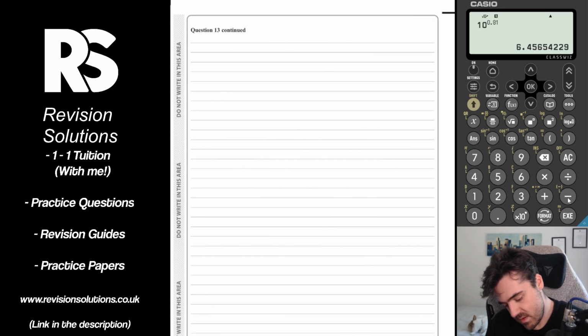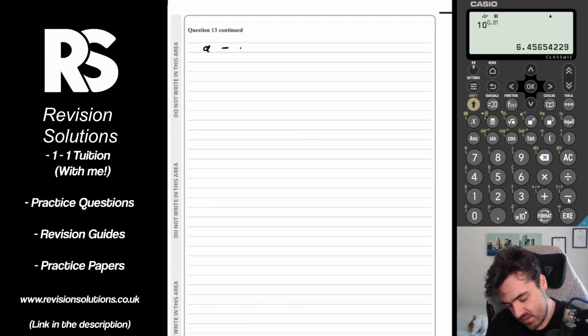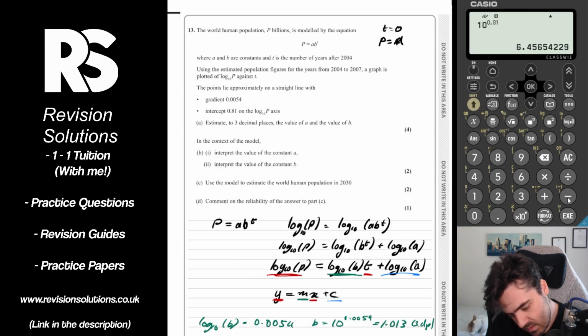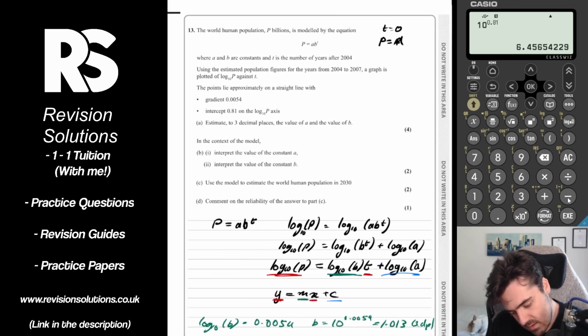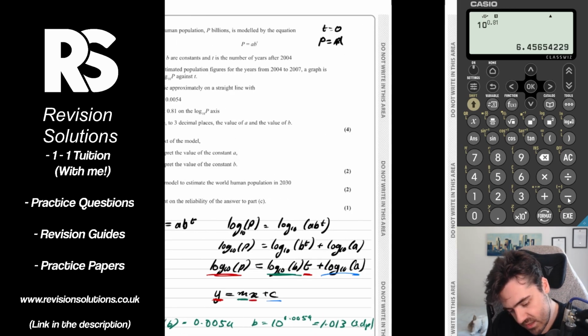So we'd say a is the initial population. Let's be specific what initial means. So what was the model for? In 2004, in billions. Yeah, that's what they said. Human population.